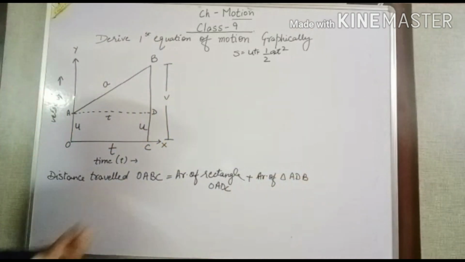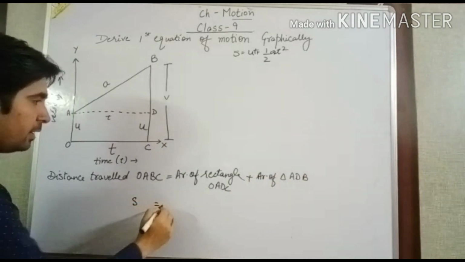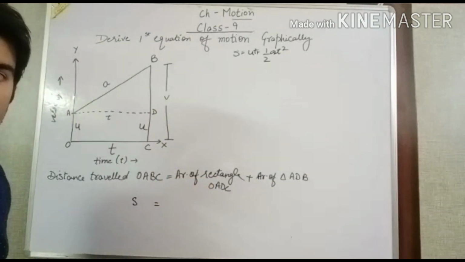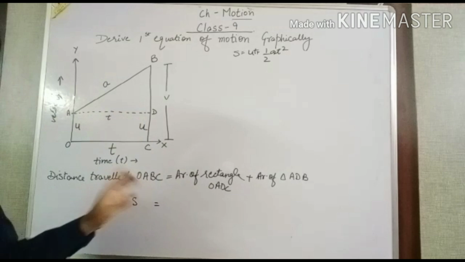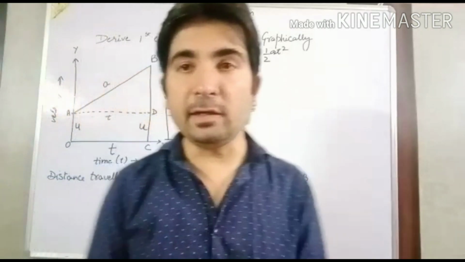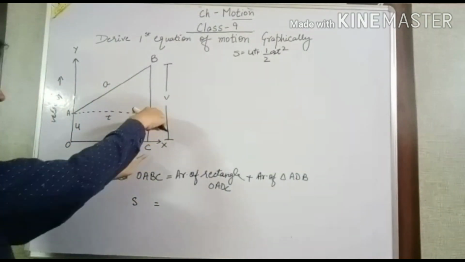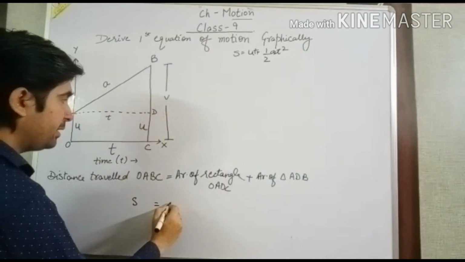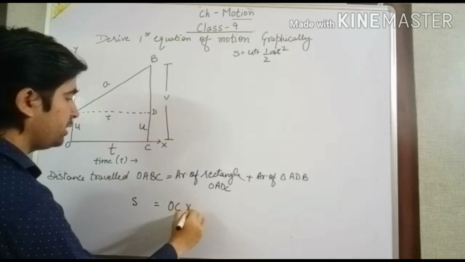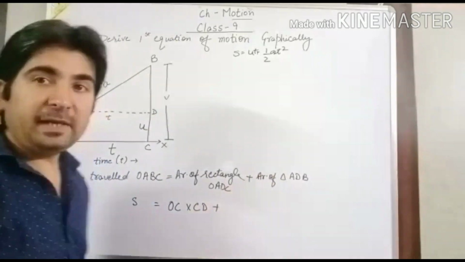Now my distance traveled is s, in symbolic form small s. Area of rectangle OADC: we know the formula for the area of a rectangle is length into breadth. My length of this rectangle is OC and my breadth is CD. So length into breadth will be OC into CD plus the area of triangle ADB.